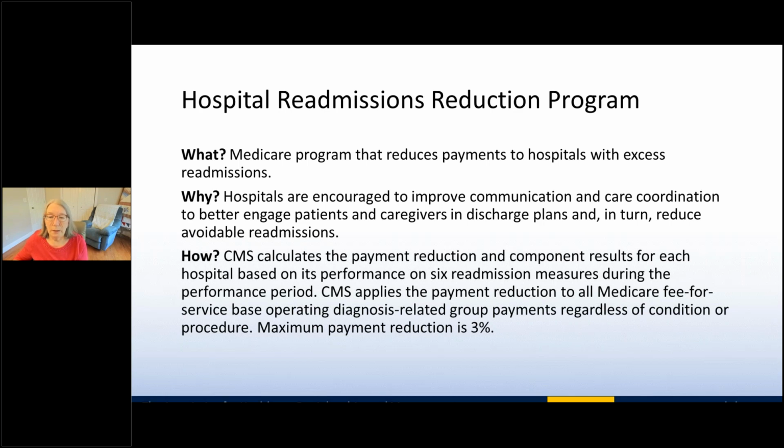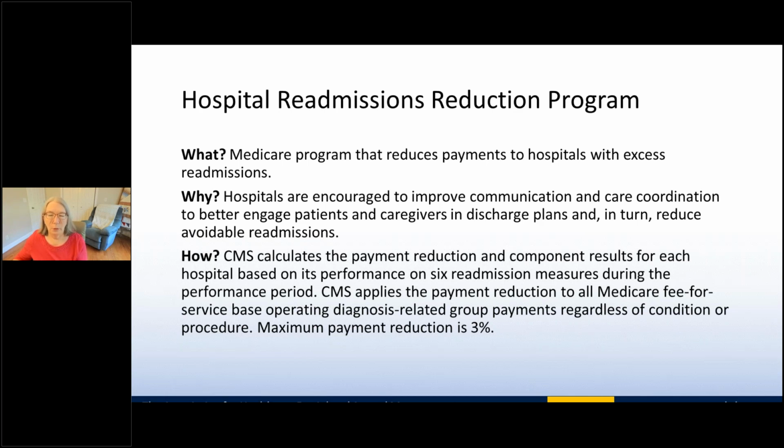And the reason that it exists, the why, is that Medicare wants to encourage hospitals to improve communication and care coordination. So better engagement of patients and caregivers in their discharge plans, which will in turn, in theory, reduce avoidable readmissions.